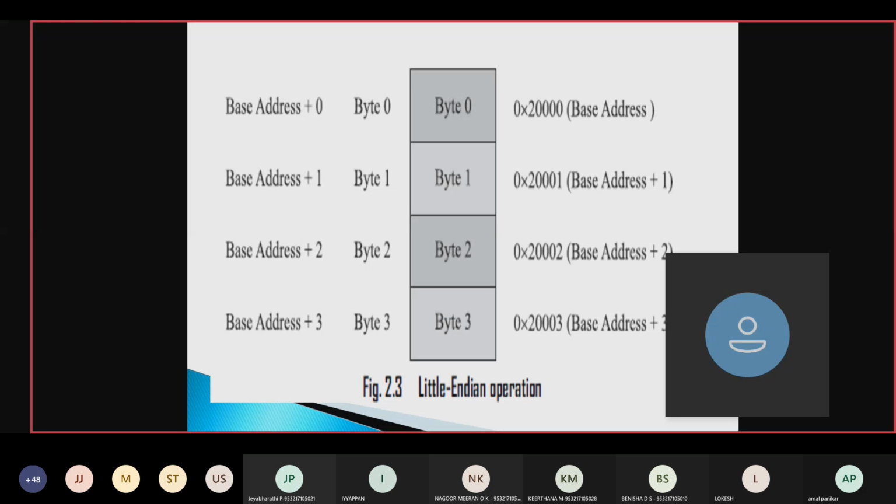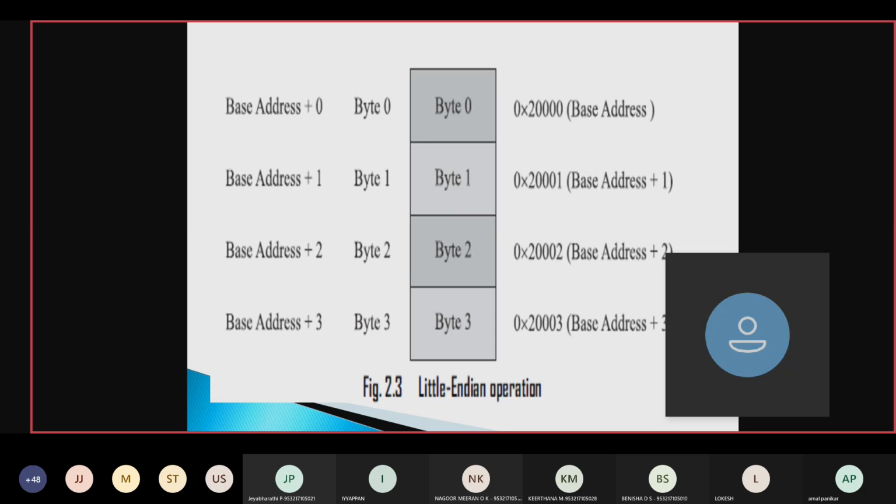The 00 will be stored at 2000 and 80 is going to be stored at 2001. So the lowest address is stored with the lower byte, and the next higher address is stored with the higher byte. That is called little endian.